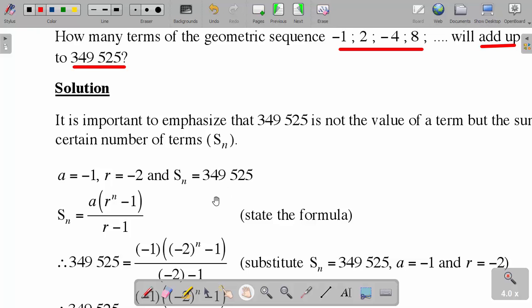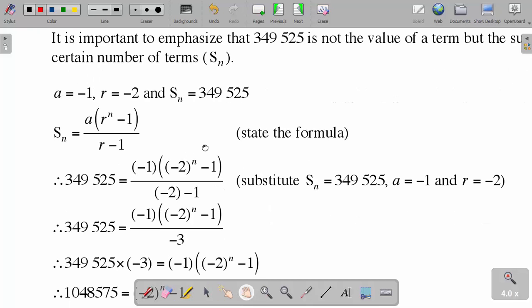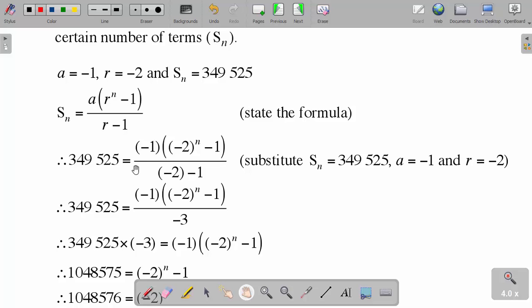So what does the formula say? We set the formula, which is Sn equals A, open brackets, R power n minus 1, over R minus 1. And when I substitute, I have my first term as negative 1, I have my common ratio as negative 2, then power n minus 1 divided by negative 2 minus 1.